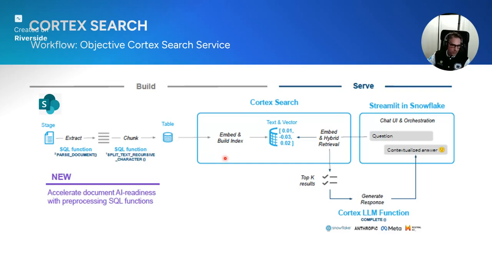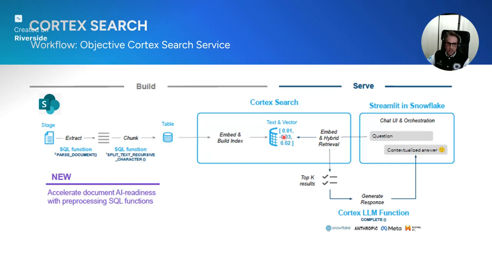Once that information is stored and divided in different rows for the same document, Cortex is in charge of embedding and building an index of that information. It stores that in a vector database.